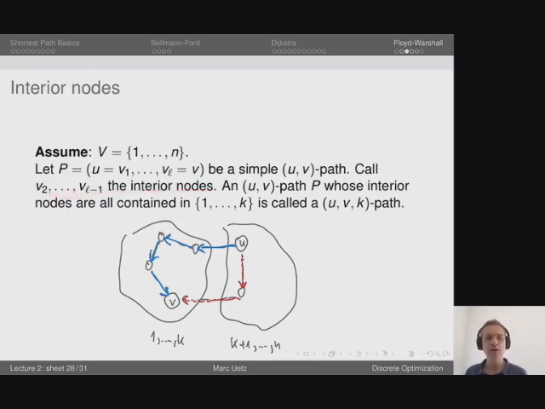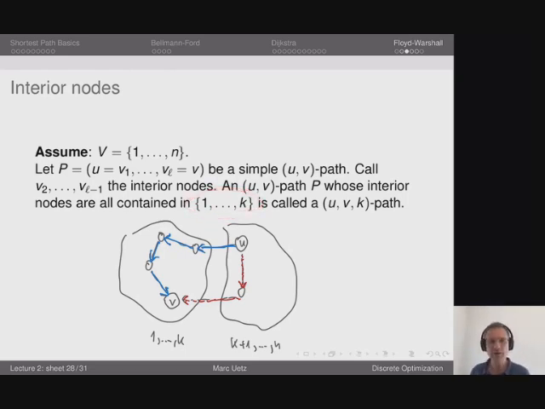And we are going to throw in a restriction on the interior nodes as follows. We call a uv path p a uvk path if it only uses interior nodes from the subset 1 up to k.